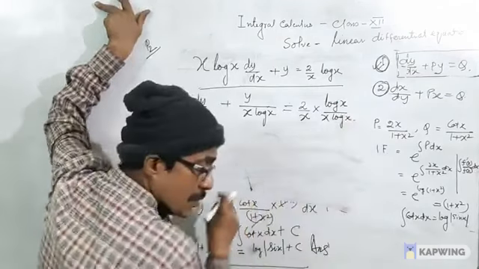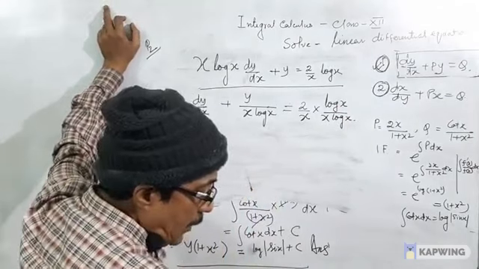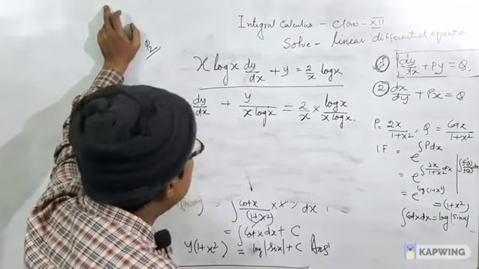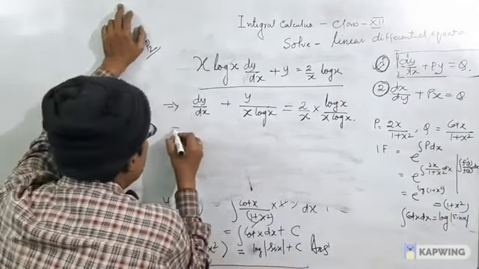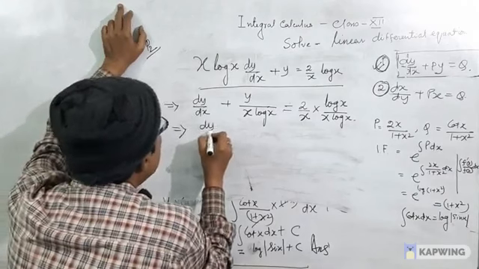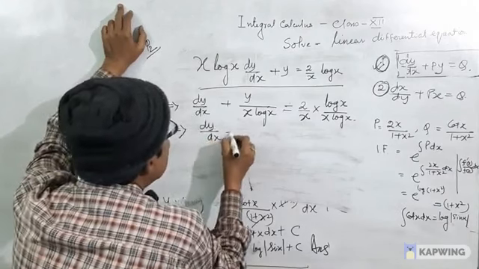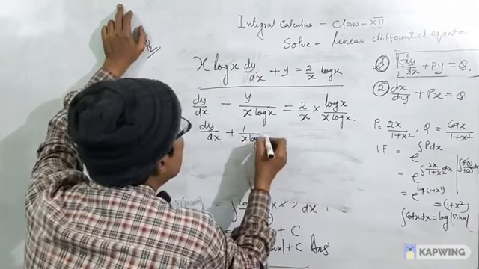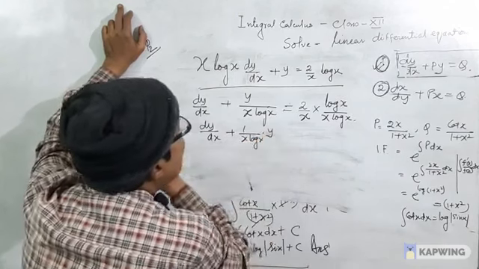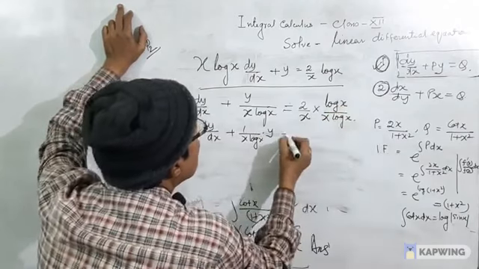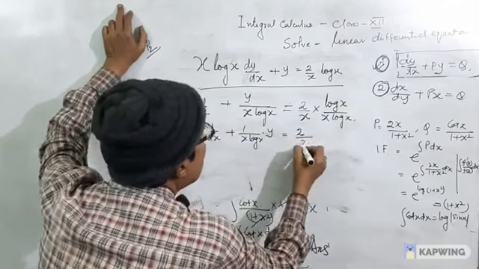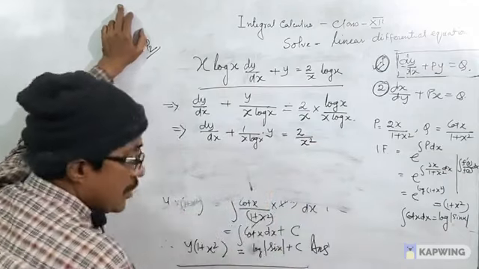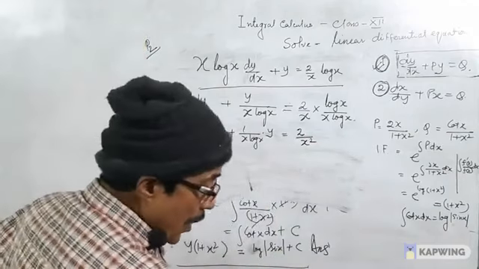What we are getting is dy upon dx plus 1 by x log x into y equal to 2 by x square. We have got 2 by x square.